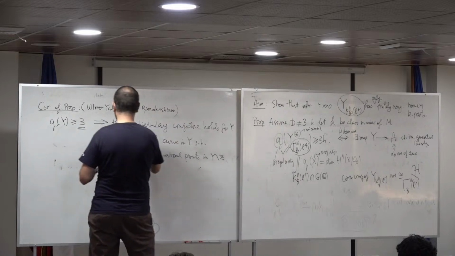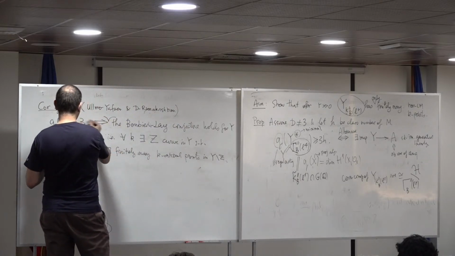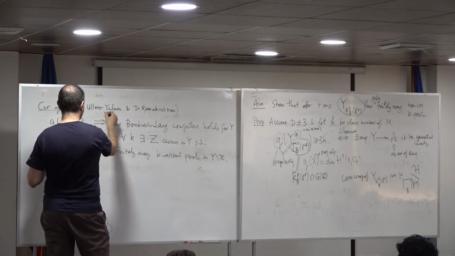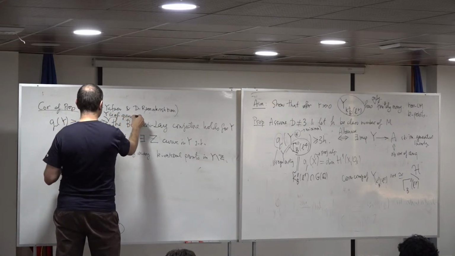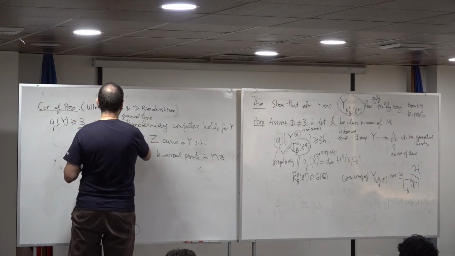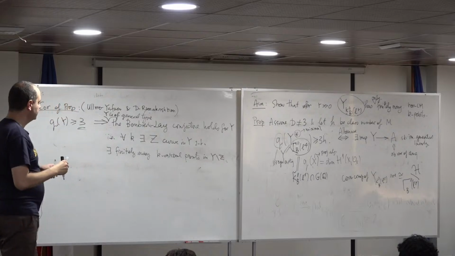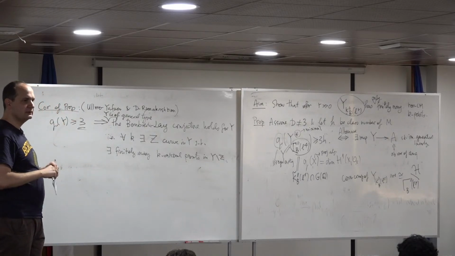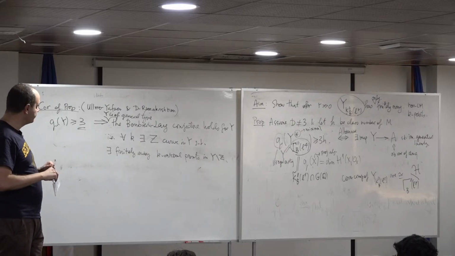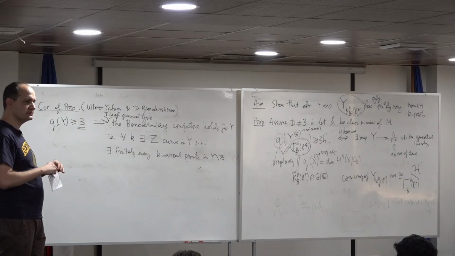Maybe I should have said here what we have shown is that y is of general type, and the Bombieri-Lang conjecture says that if you have a surface of general type, then there is a curve such that there are only finitely many k-rational points outside this exceptional divisor.